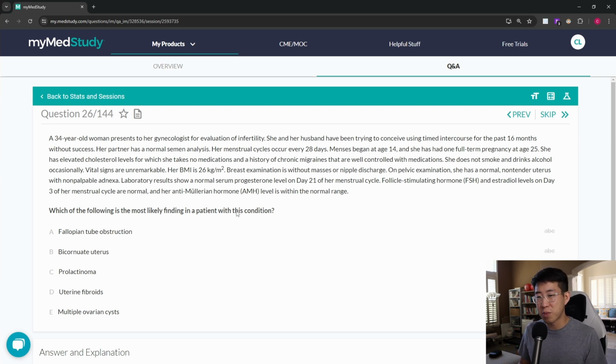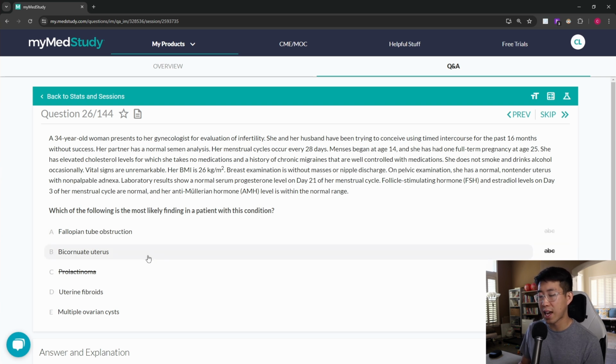Which of the following is the most likely finding in a patient with this condition? Fallopian tube obstruction, bicornuate uterus, prolactinoma, uterine fibroids, and multiple ovarian cysts. So the fact that her FSH and estradiol levels are normal makes me think less of prolactinoma. If she had a prolactinoma, we would probably see a suppressed FSH and estradiol is what I'm thinking.